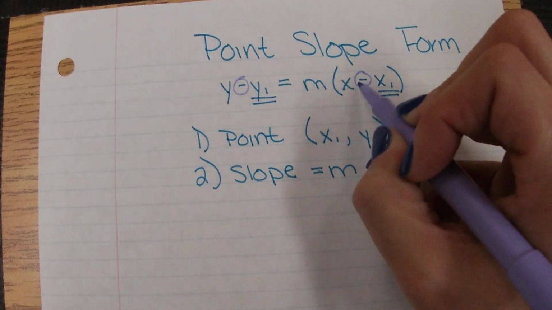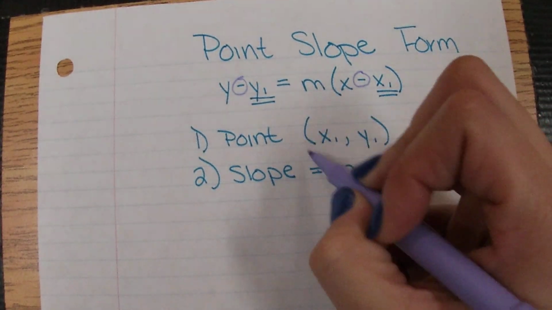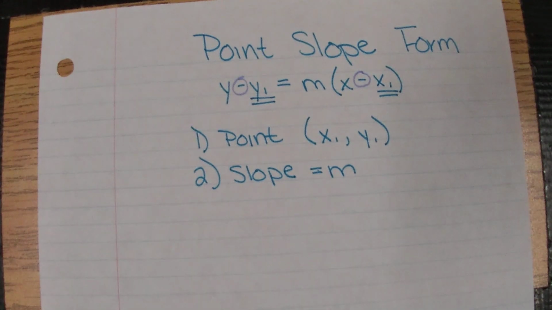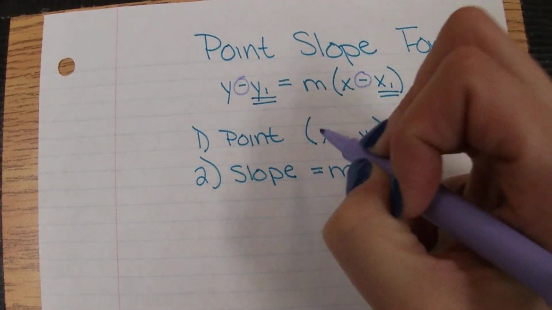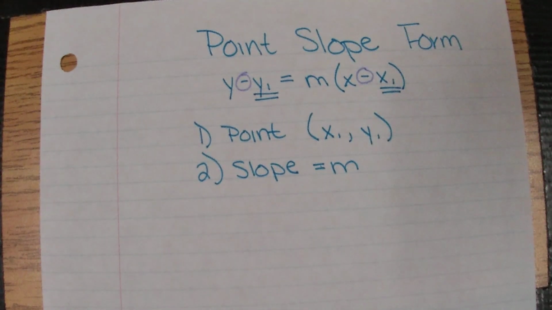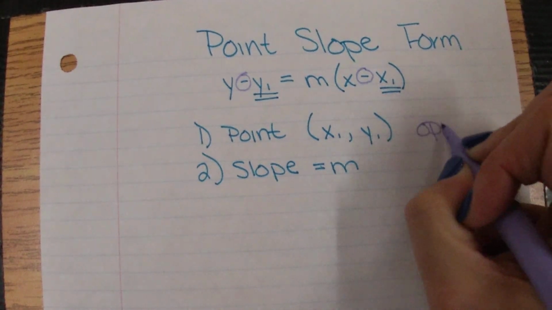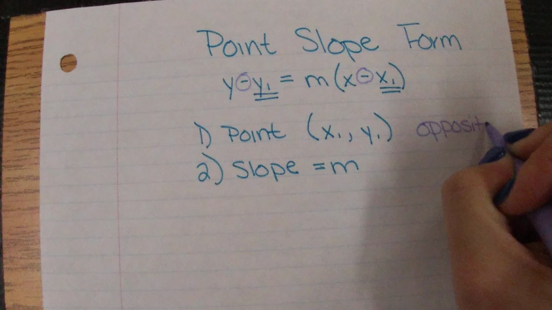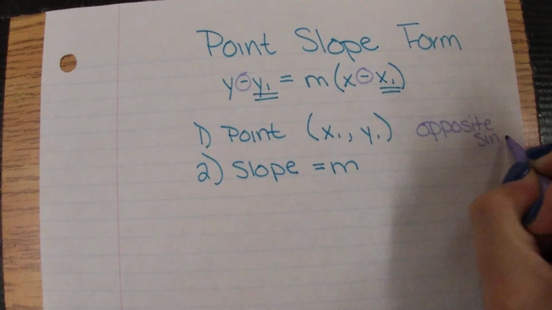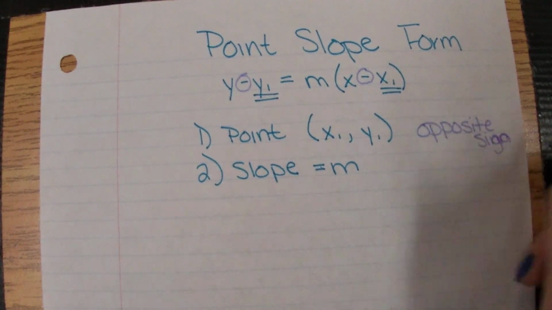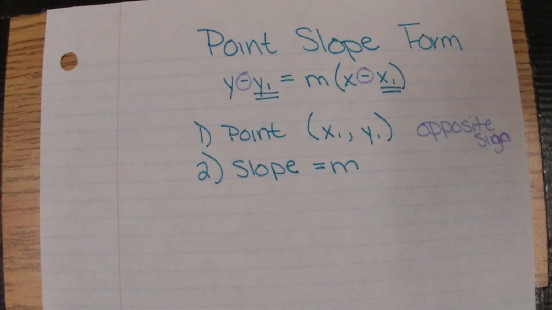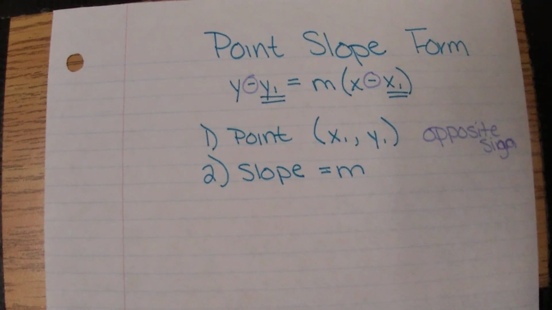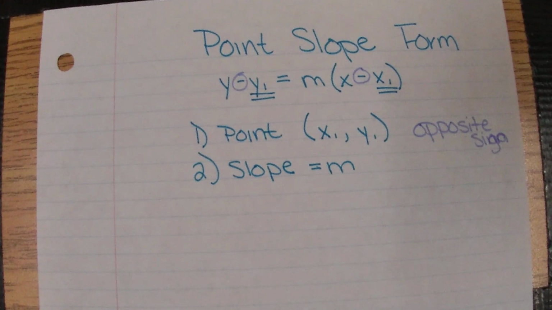So if it looks like a -4 in the equation, it's a +4 that we're going to write down in the ordered pair, right? Because this is part of the formula, not part of the ordered pair. So we need to make sure we're always taking the opposite sign of both the x and y value. So if we can keep those two things in mind, then we're pretty home free.